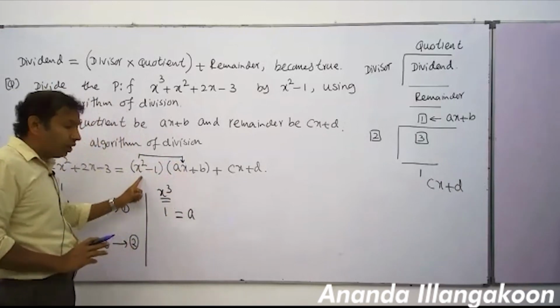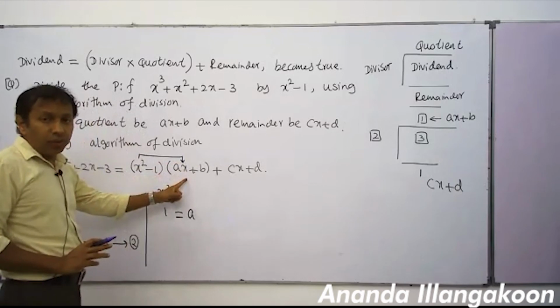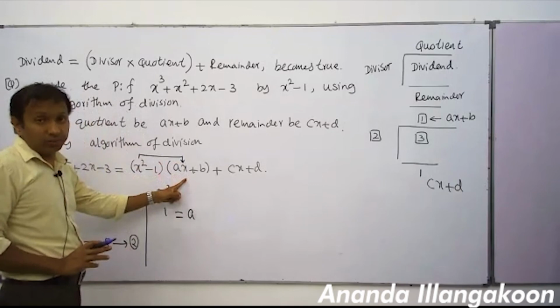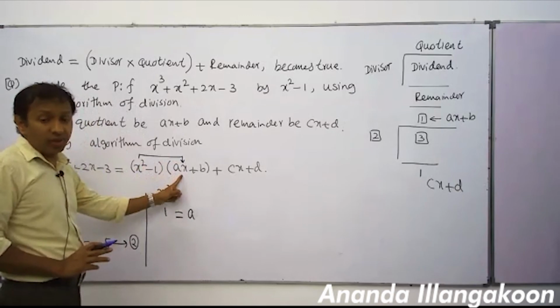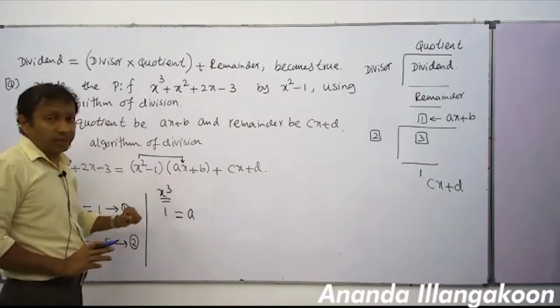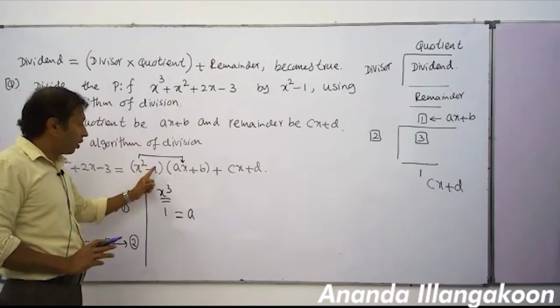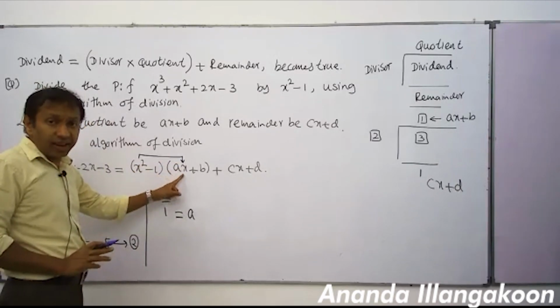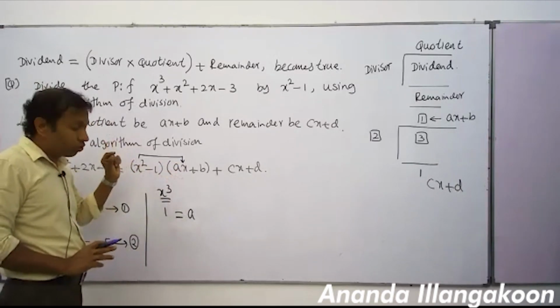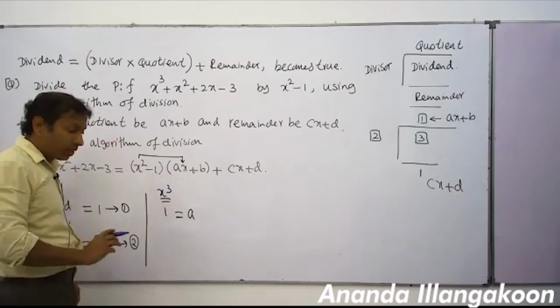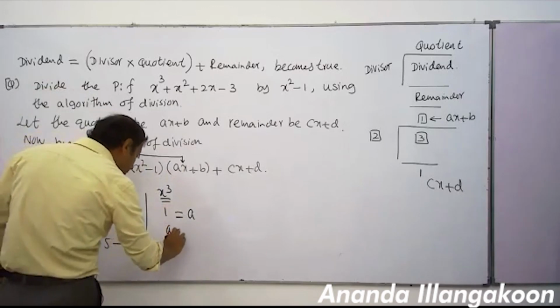On the right hand side, there are no other x cube terms anymore, right? This product is the one and only way of giving an x cube term to the right hand side. That term is x squared into ax, which is ax cube. The coefficient is a. 1 equals a, that means a equals 1.